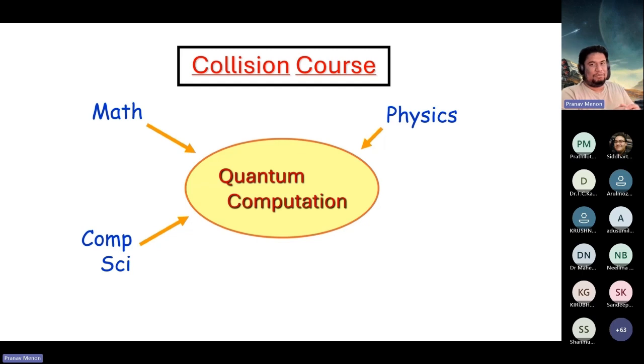Because wave functions define the value of a qubit, math is there, and then inevitably electrical engineering is there. So it's a much more complex system. A quantum computer is a much more complex system than the classical computer we are used to, because the principles of math and physics are much quieter in a classical computer, but over here they are much more dominant.